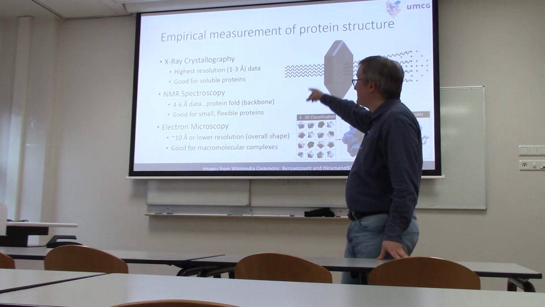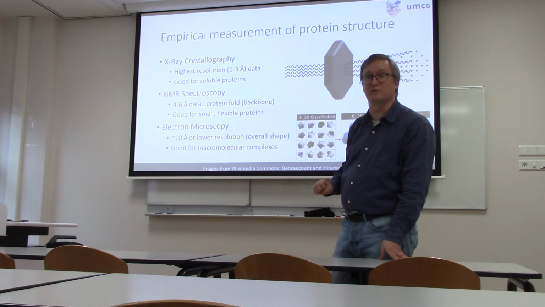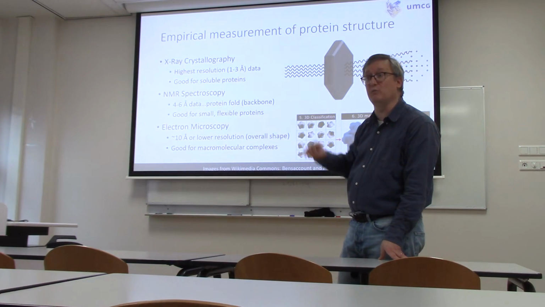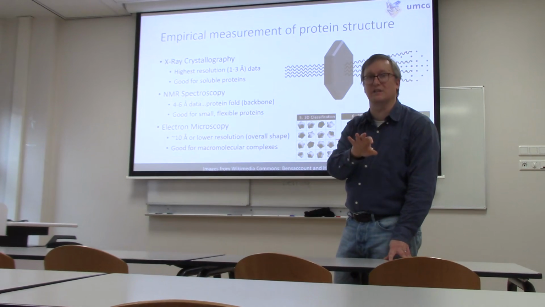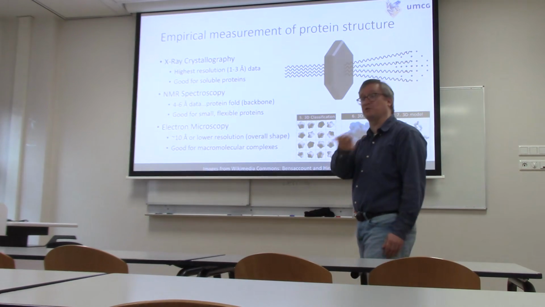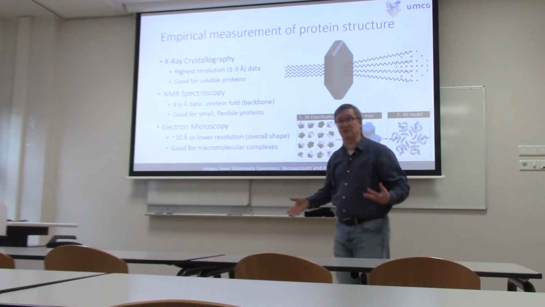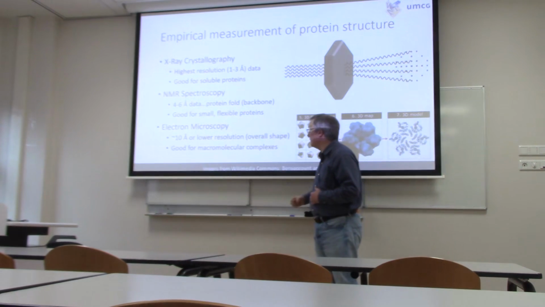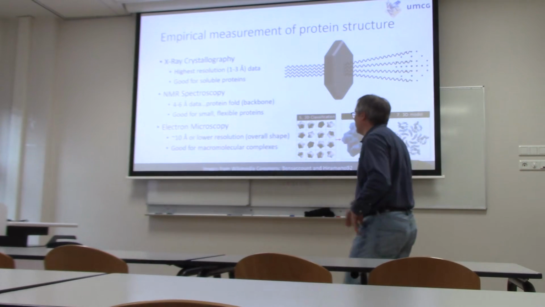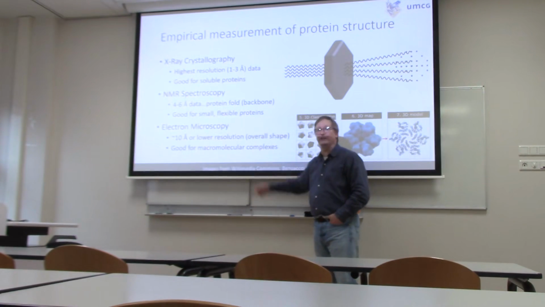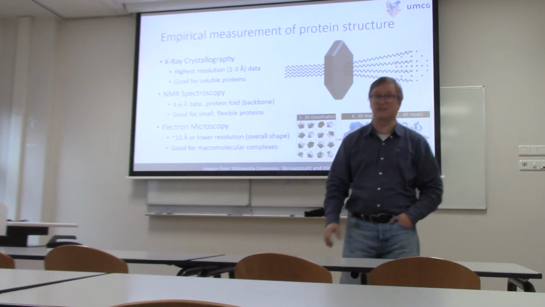We see that the resolution at which we know these structures gets a bit worse as we move from X-ray crystallography to NMR, but it's still good enough in some cases that you can put together a useful structure, even multiple snapshots of structures through NMR. And it might be that you have some massive complex to deal with. And for that, you might need to use something like electron microscopy.